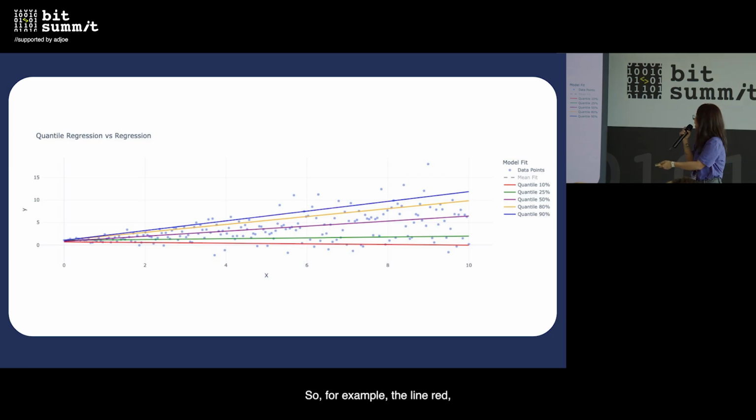For example, the red line, which is targeting quantile 10%, is sitting lower than the higher quantiles, like the yellow one of quantile 80%. So here we could ask the model how much I could bid to win, and what kind of bidding strategy I would like to choose for these particular auctions.